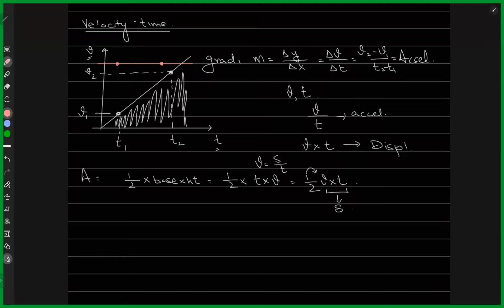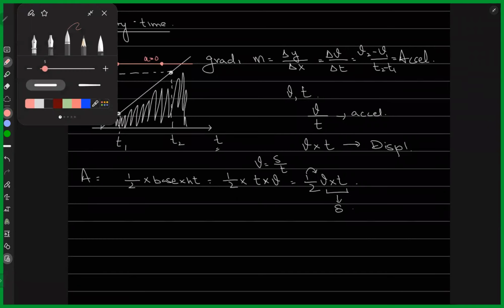There is some area, and you should expect there to be some distance covered because it is moving with some velocity. It's just that the velocity is not changing, but the object is still moving, right? So this is the acceleration equals zero line. Okay.